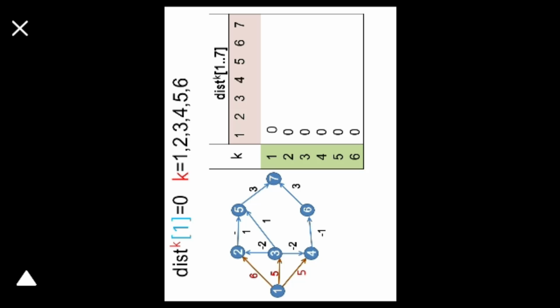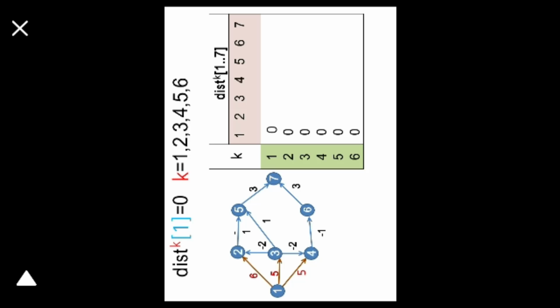So now here when k is 1, we need to find distance from source to 1 with 1 edge. When k is 2, distance from source to 1 with 2 edges. So now here distance from source to source will be always 0 whether it is with 1 edge, 2 edges or 6 edges.